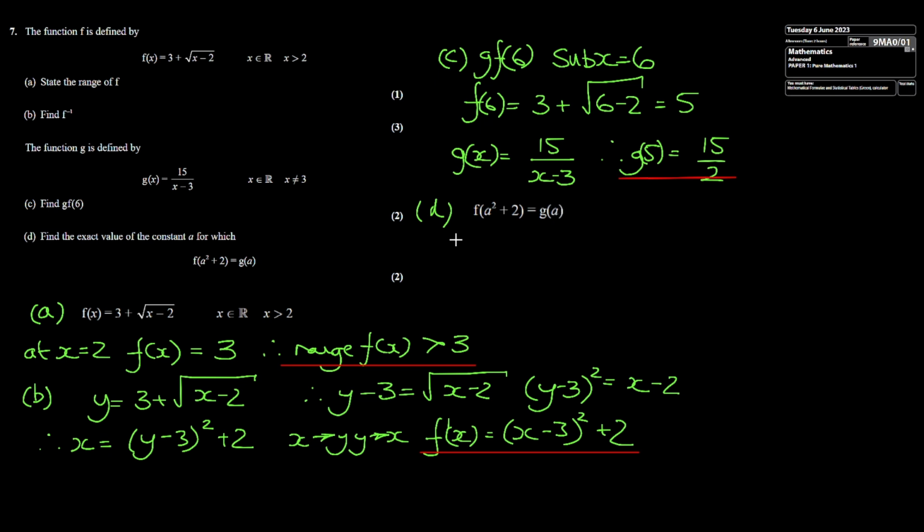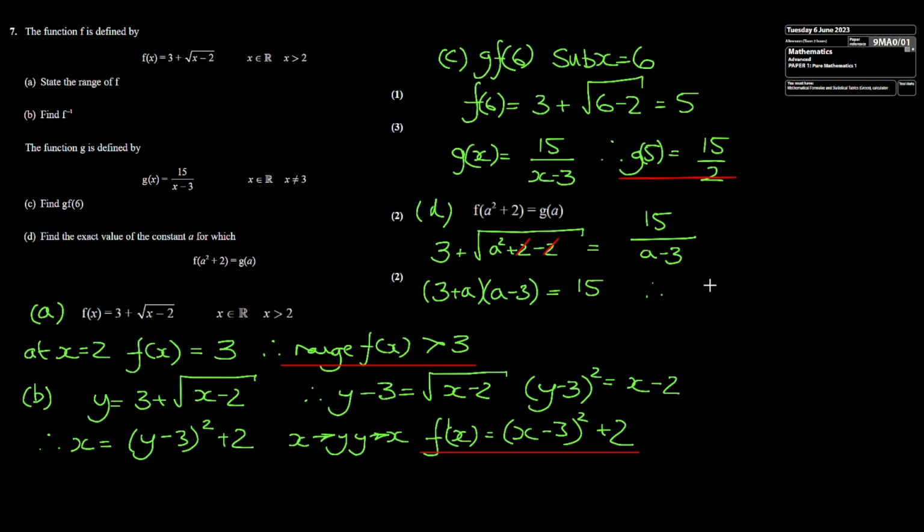So f of x, I get 3 plus the square root of a squared plus 2 minus 2, is equal to g of a, which is 15 divided by a minus 3. The 2's cancel. Square root of a squared will be a, so I get 3 plus a multiplied by a minus 3 is equal to 15.